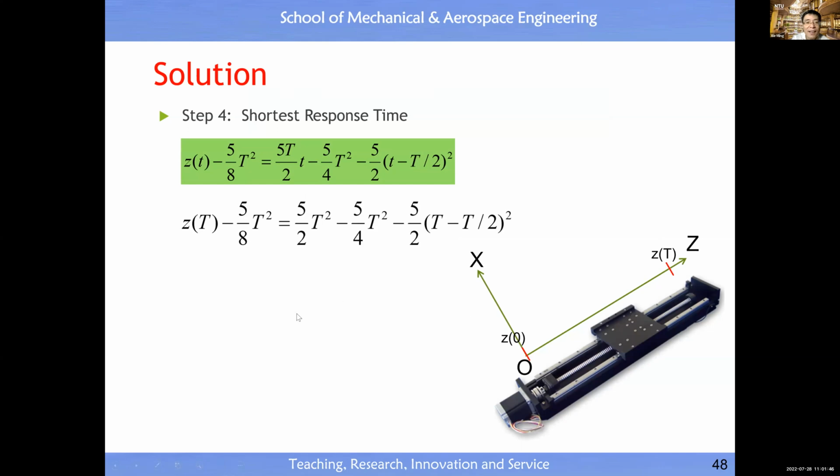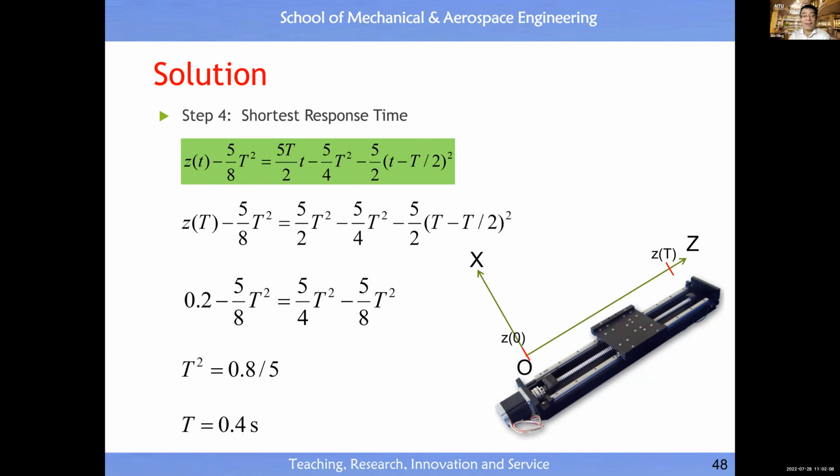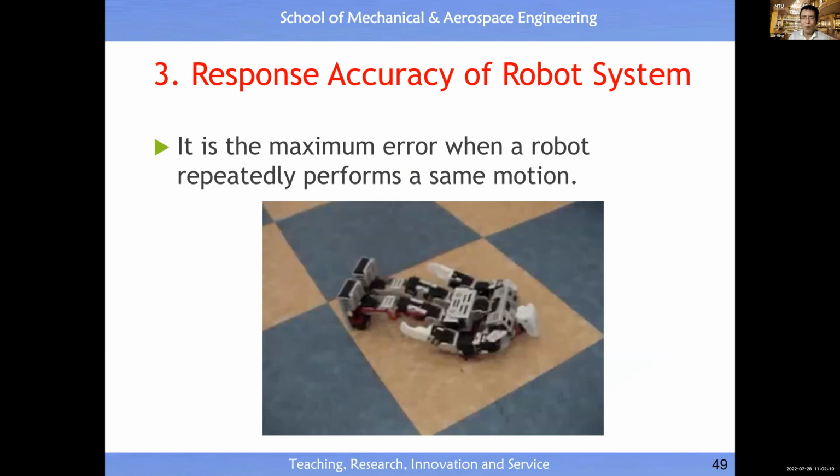So immediately you substitute this small t by capital T. Then this result should be equal to 20 centimeter, which we use a meter. 20 centimeter is equal to 0.2. Okay, then you see from this equation, we only have a single capital T. You can easily solve it, right? Immediately you get the answer. So that is the traveling time. Okay, so it's quite straightforward.